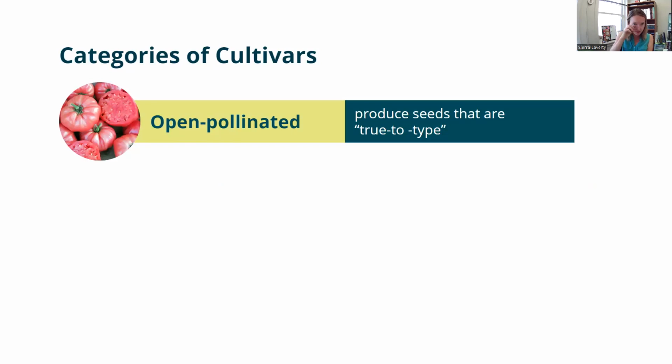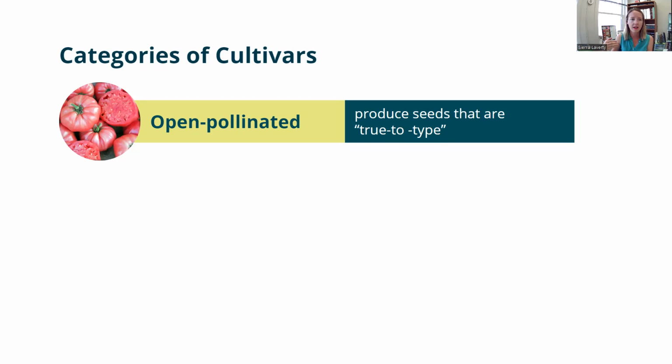So let's look at some different categories of cultivars, because you may be thinking in the back of your head, okay, plant breeding, what can I save seeds from in my garden, and what maybe can't I save seeds off of? And you may have heard this term before, open pollinated. So open pollinated cultivars are just those that produce seeds that are true to type.